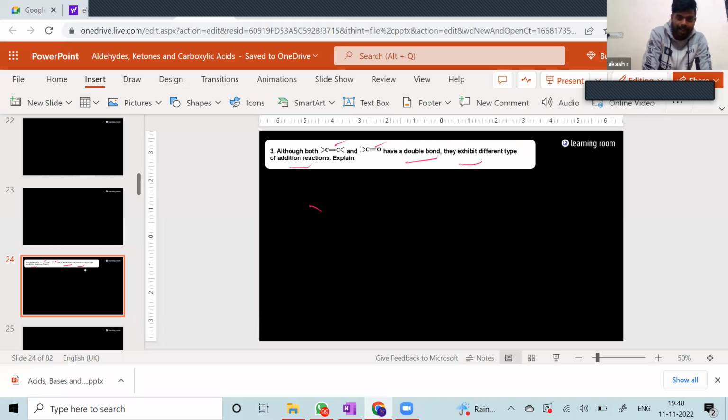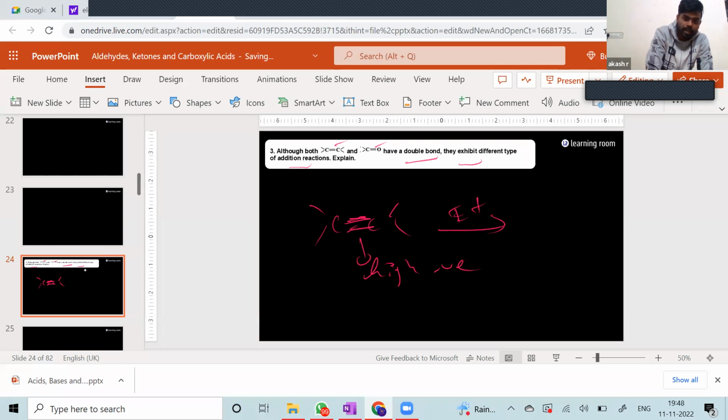It's very simple. When I take this C double bond C, all that you understand is this pi cloud is there. It is going to have high negative charge. Obviously, if an electrophile comes, it can easily get attracted towards this negatively charged pi electron cloud. Whereas in C double bond O, there is a delta plus on this carbon.